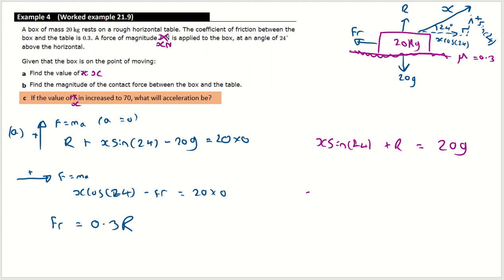The next one, I've got the X's first, that's why I had it for the top equation, so X cos 24 minus friction, which is 0.3R, so minus 0.3R equals 0. So I've got these two equations, and two unknowns, X and R. There's 1R there, minus 0.3R here.